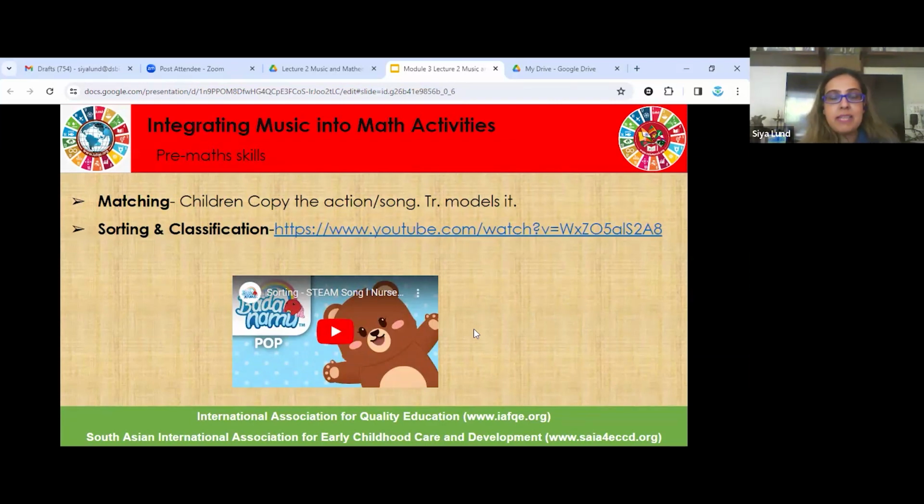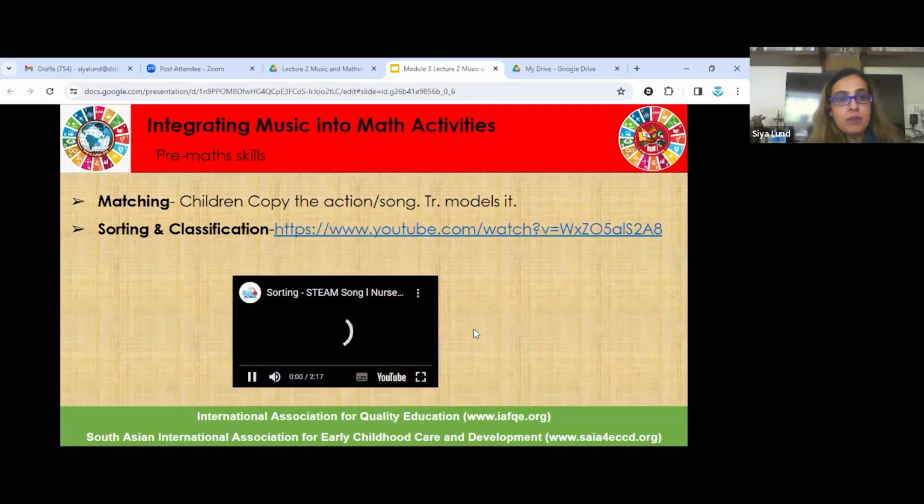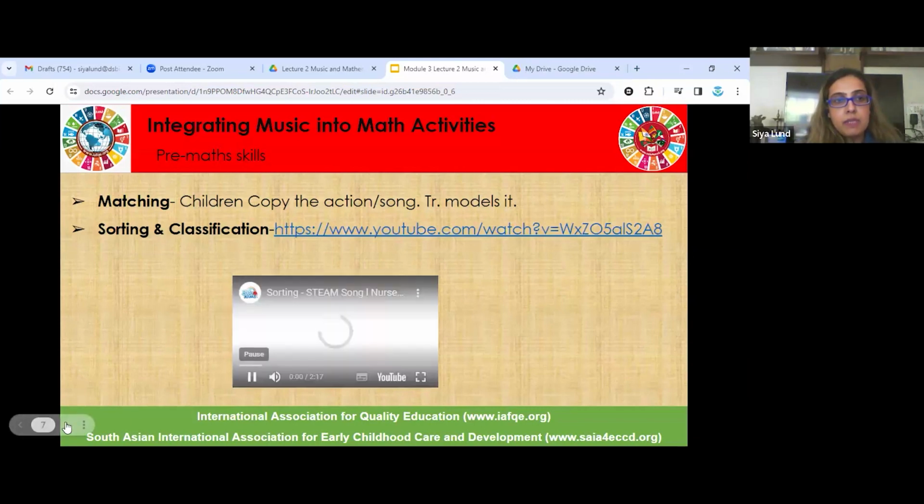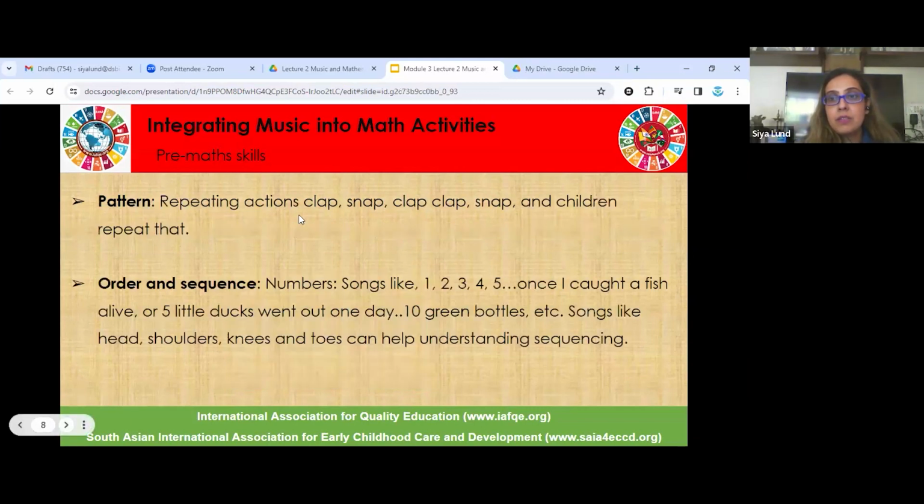We have concepts like sorting and classification, right? Then we have the concept of pattern, we have sequencing, we have ordering of numbers, right?